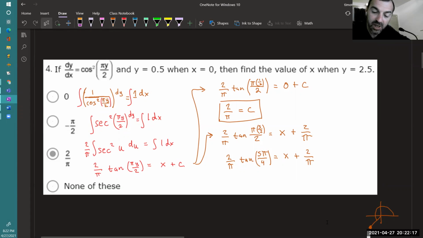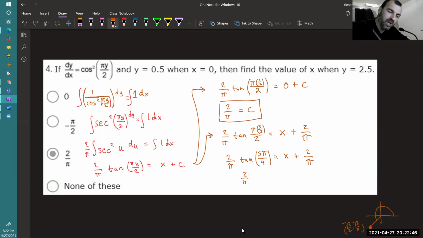It's a good thing I drew that out, because my coordinates for 5 pi over 4 are √2 over 2, √2 over 2, both negative. So therefore, the tangent of this is the y coordinate divided by the x coordinate. And since they're the same, it's a 1. Let's see where we can go with this. So it's 2 over pi times 1 equals x plus 2 over pi.